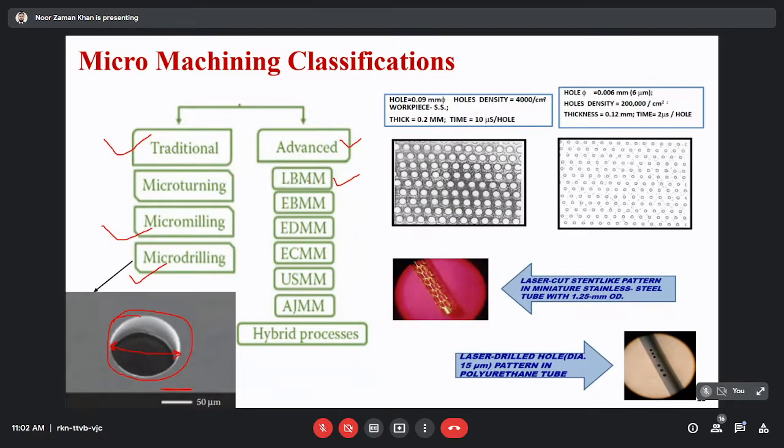If we use a short pulse laser, it can produce a feature as small as 0.5 micrometer in size. So laser beam micromachining can produce a micro feature of around 0.5 micrometer size. See the accuracy and precision.